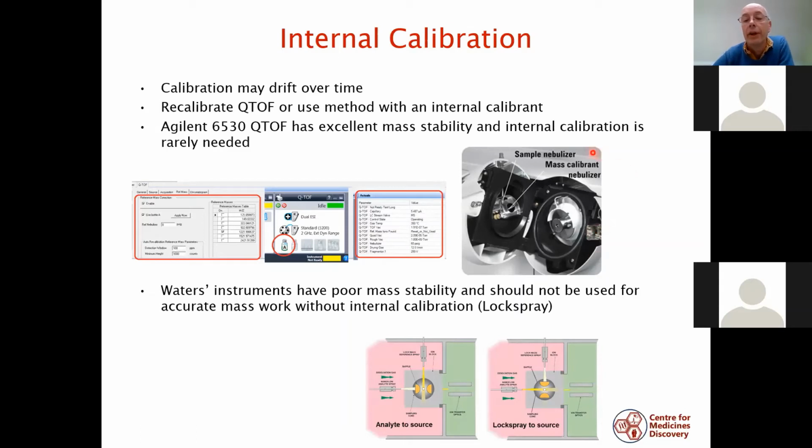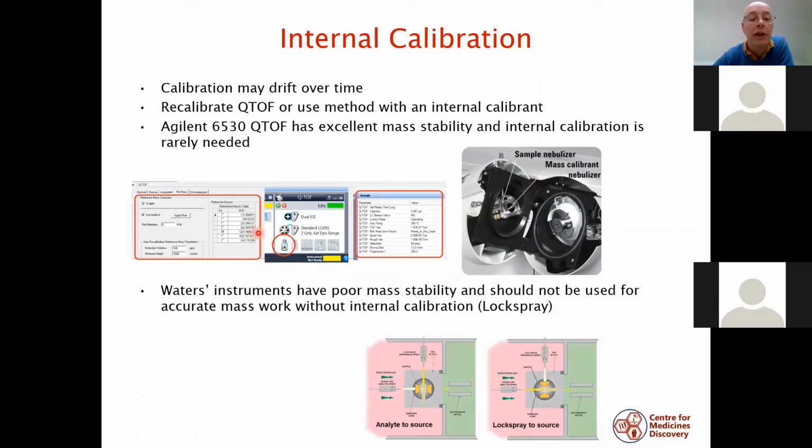And on the 6530 QTOF, this is a dual spray instrument. What that means is there is a nebulizer here. This is where your sample is introduced. There is a second nebulizer here, and this is where your internal calibrant can be introduced. So you can choose a calibrant.